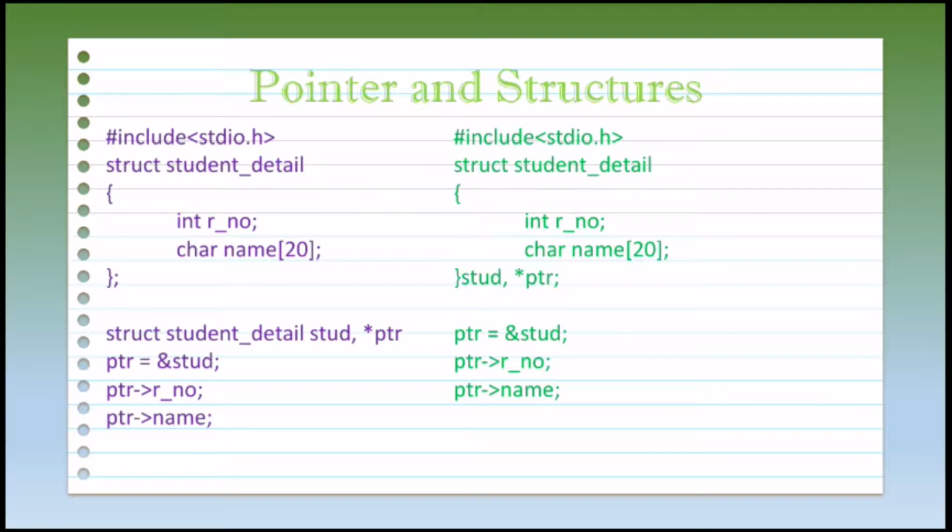Then we are trying to store the address of stud into the pointer variable, that is ptr. And in similar way we can access the variable, that is ptr, then arrow mark and member name, that is either r number or you can access name.